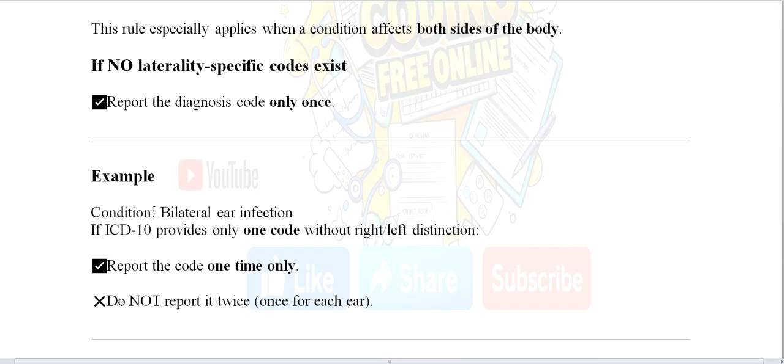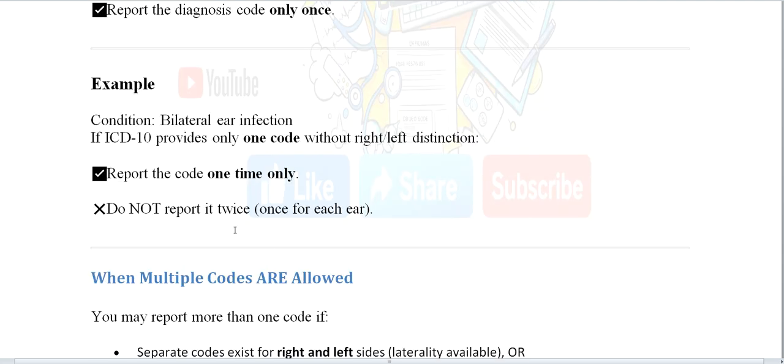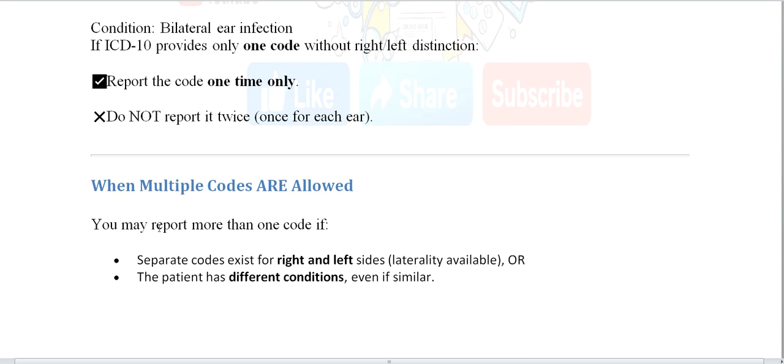For example, a bilateral ear infection. If ICD-10 provides only one code without right-left distinction, report the code one time only. Do not report it twice, once for each ear. So multiple codes are allowed when separate codes exist for the right and left side, laterality is available, or the patient has a different condition even if similar.